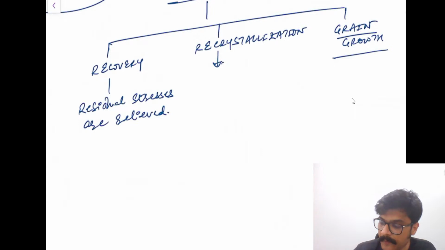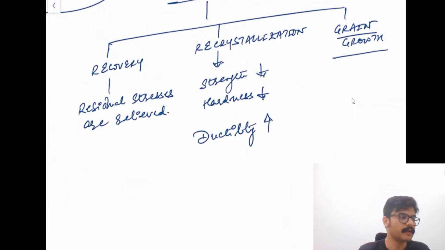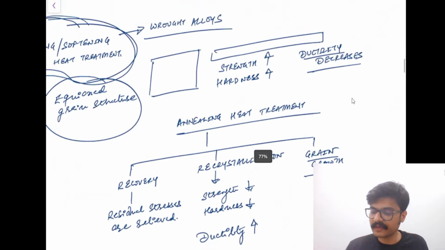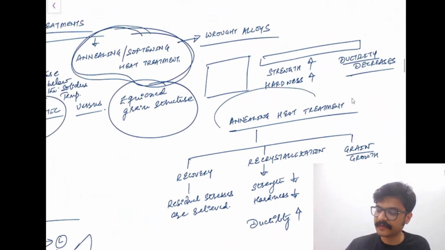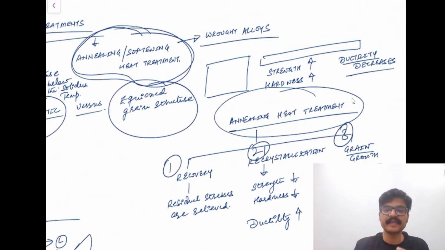So in recrystallization, the strength decreases, hardness decreases, but the ductility increases, guys. You understand? So basically, when I'm doing annealing heat treatment, it is during the second stage that I'm actually able to reclaim or regain the properties that I had lost during deformation. Right, guys?